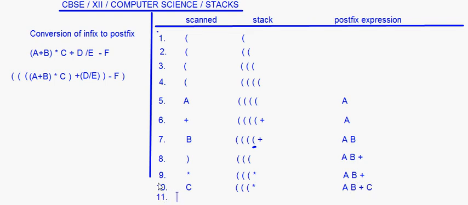Then the 11th step, after C what do you have? You have a closing bracket. Now for this closing bracket, where is the opening bracket? This one. So from this point onwards you will not put it in the stack, so you have only two opening brackets, and here you will have AB plus C, and the operator there is multiplication, that will come.